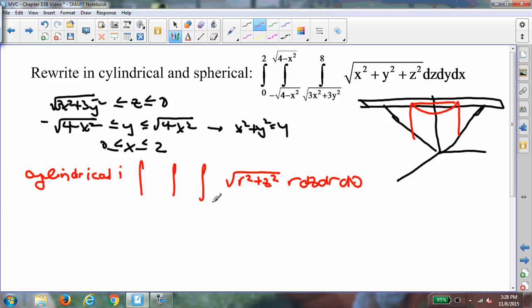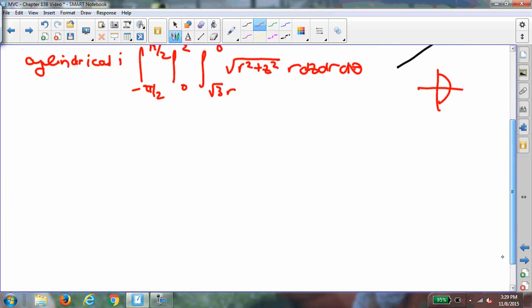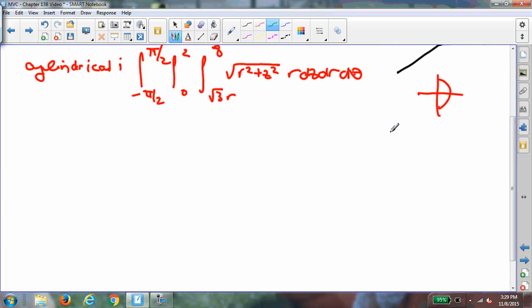So z goes from the cone, that would be square root of 3r, up to z equals 8. Projecting down, I get that circle of radius 2, so r goes from 0 to 2. And theta, since I'm only looking at the positive x values, that would be from negative pi over 2 to pi over 2. And there's our cylindrical. Now, spherical is a little bit different.